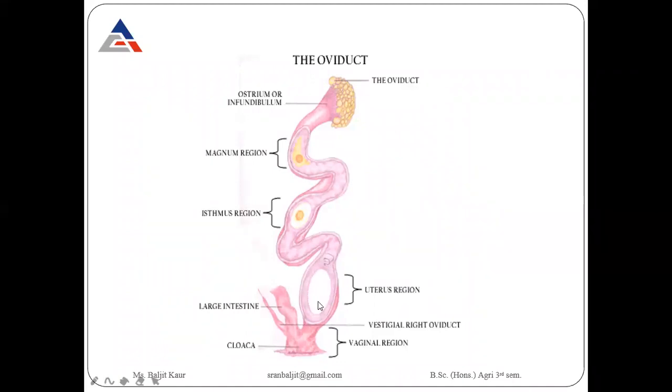In the uterus, the egg remains for about 20 hours, and here the eggshell is added. Then it moves forward to the vaginal region, and from here the egg will be laid out of the body of the chicken.